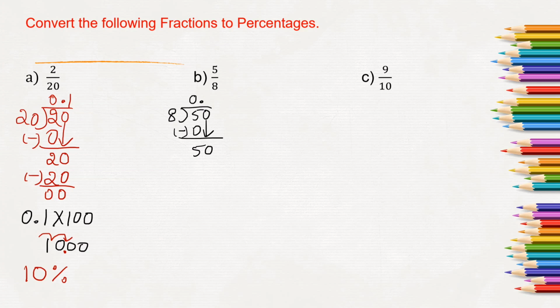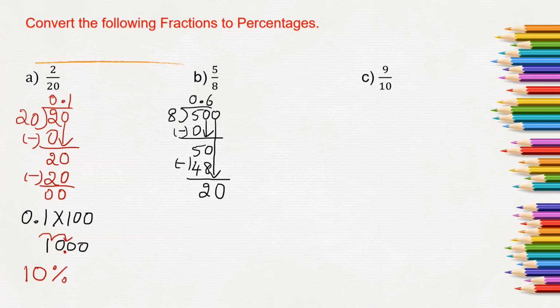Now 5, 8, what times can we take? 8 6 times is 48. 8 7 times will be 56, which is more than 50. So we will consider 6 times, 48. Now 50 minus 48 is 2. We are left with 2, but it has to become 0. So again we'll place one more 0 and bring down that 0.